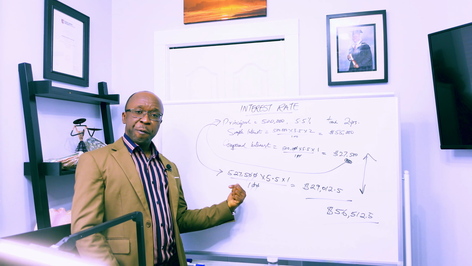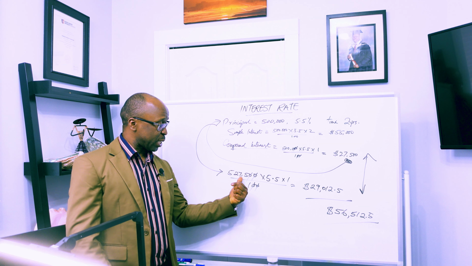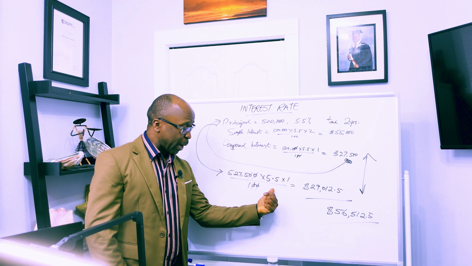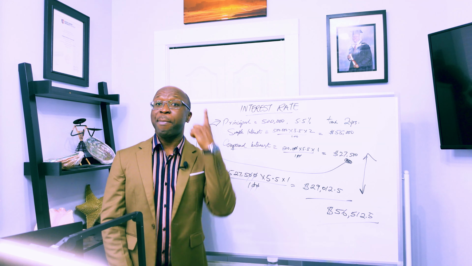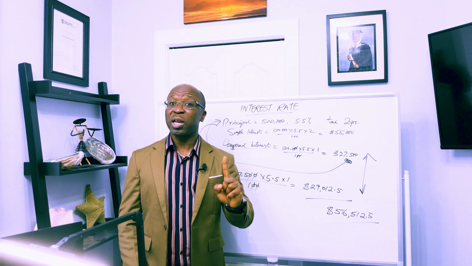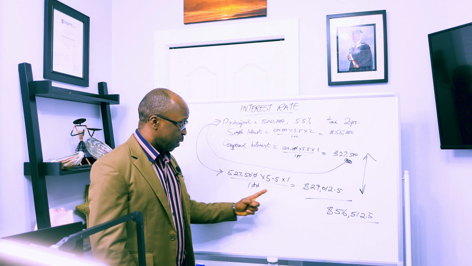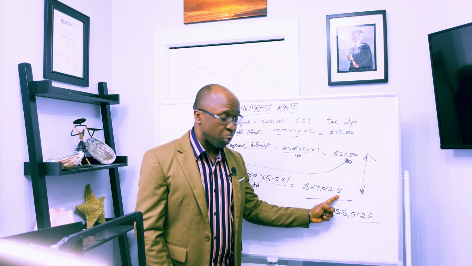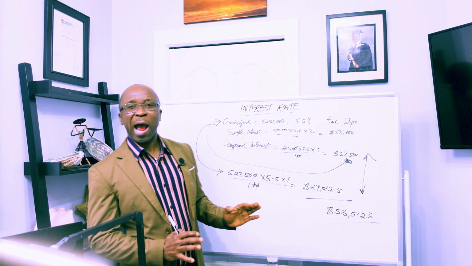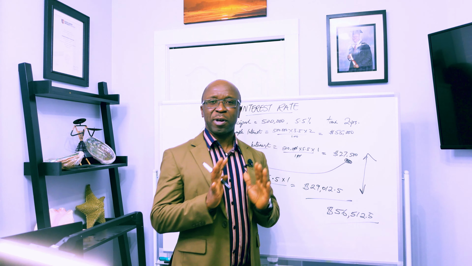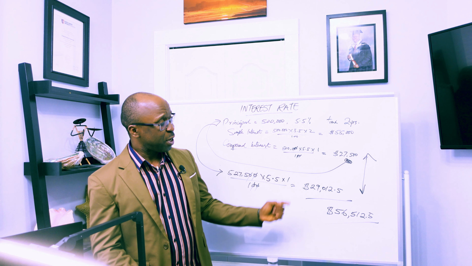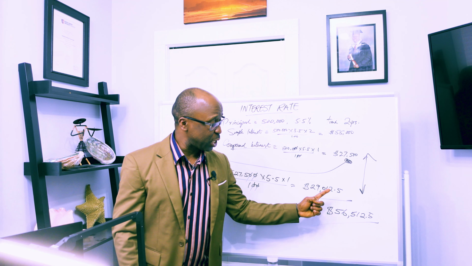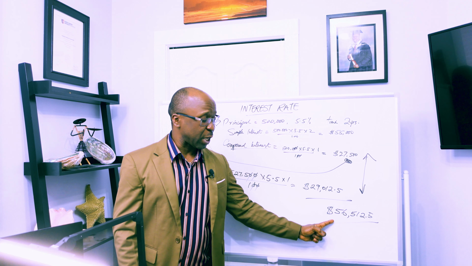It gives us a new principal, which is 527,500. Multiply by the interest rate, multiply by 1 year again, because we are dealing with 1 year at a time, divided by 100. Now we get 29,012.5. So when you want to have the compound interest for that 2 years, it will now be interest for year 1 plus interest for year 2.